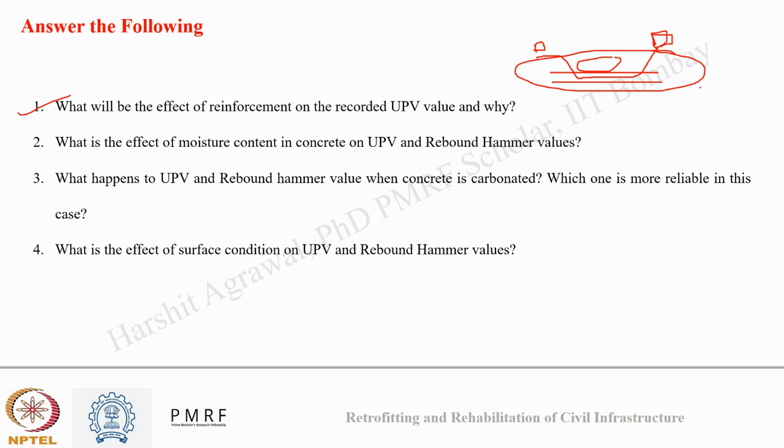So we know steel is more elastic than concrete, and it has higher density than concrete. Yes, I have a concrete block like this, and there is a steel rebar here, and I have my transducer here and my receiver here. Now I am sending waves here.